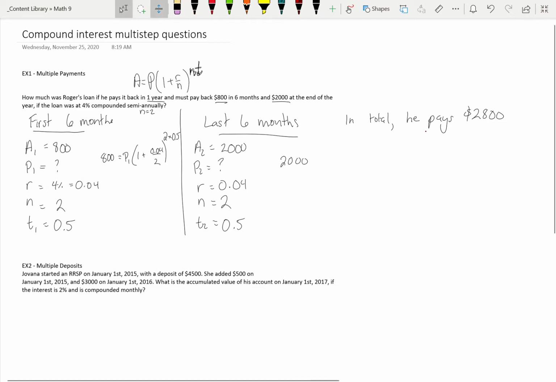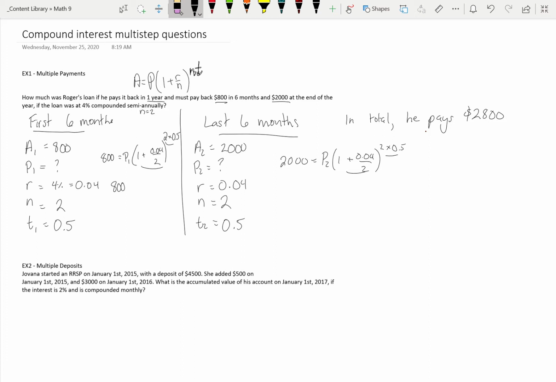The right-hand side is identical with the exception of I'm replacing P2, but this is 1 plus 0.04 over 2 to the 2 times 0.5. So from here, I can simplify down this bracket here as well as the exponents. So 2 times 1/2 is going to be 1.